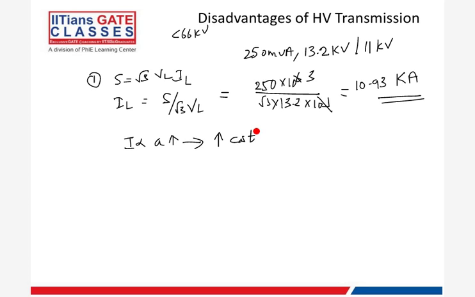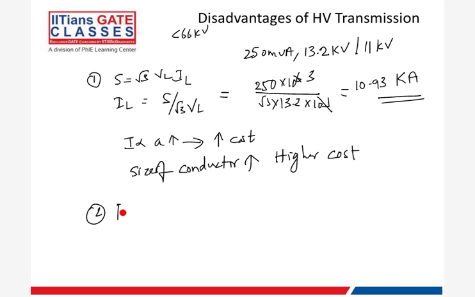So the first disadvantage is that if we go for high voltage transmission for higher power capacity, the size of the conductor will be large, leading to higher cost.